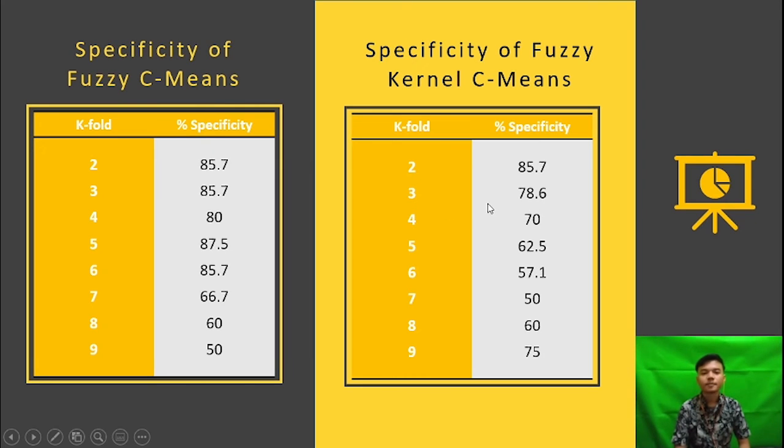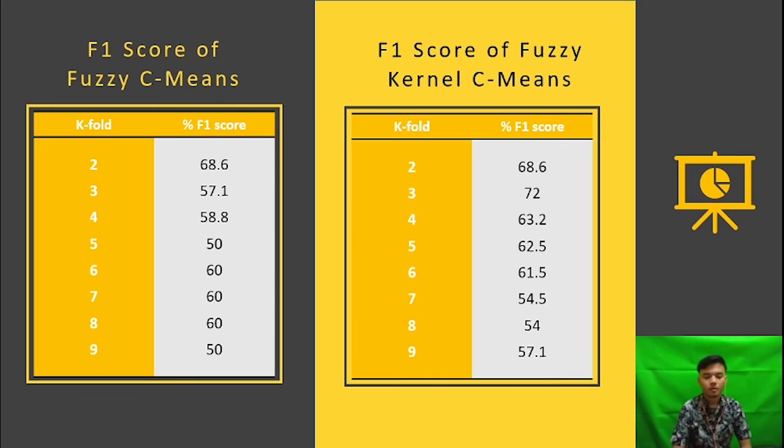The highest specificity from the study is achieved by fuzzy C-means when k equals 5, with a specificity of 87.5%. The highest F1 score of the study is achieved by fuzzy kernel C-means when k equals 3, with a 72% F1 score.